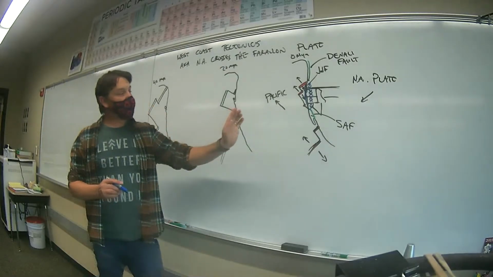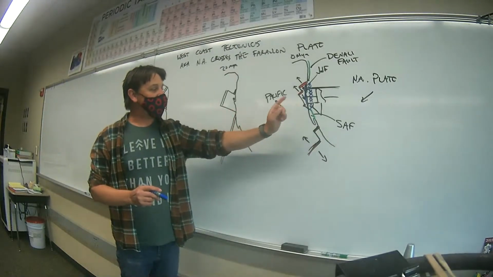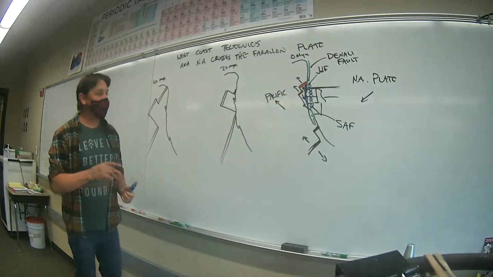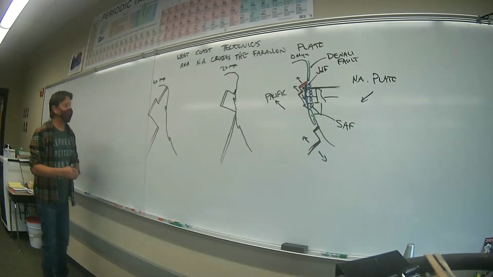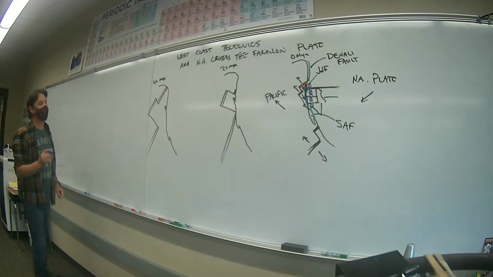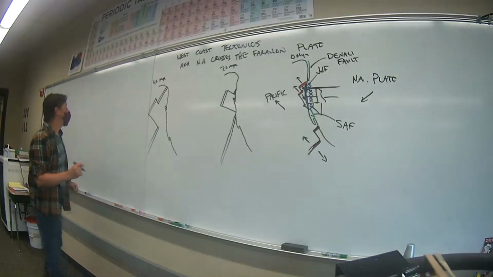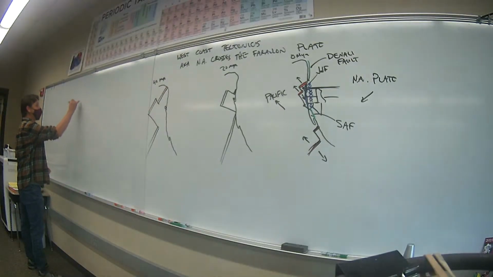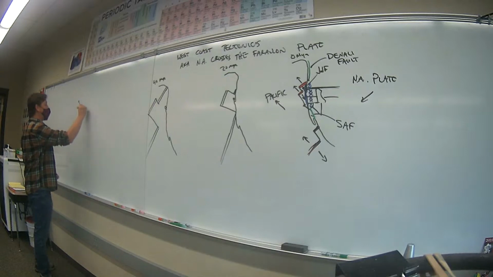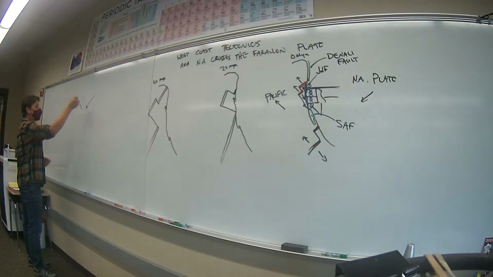And the thing that I want to point out about this is this is some good vector work, and it works for the San Andreas fault too. San Andreas fault, you've got the Pacific plate going to the northwest, and you have the North American plate going to the southwest.